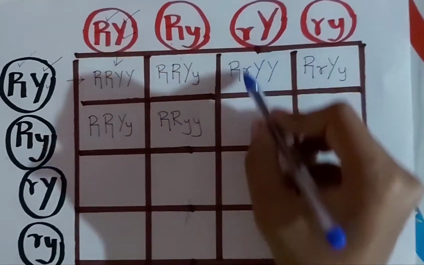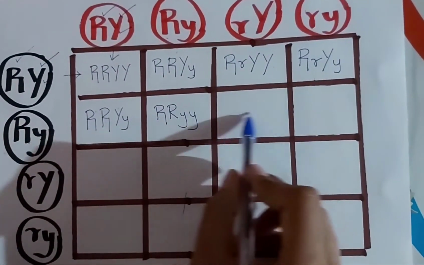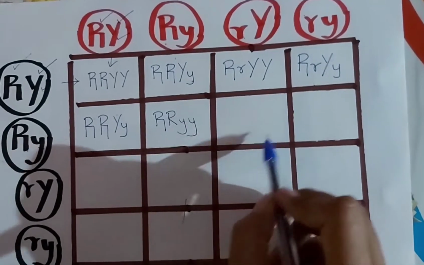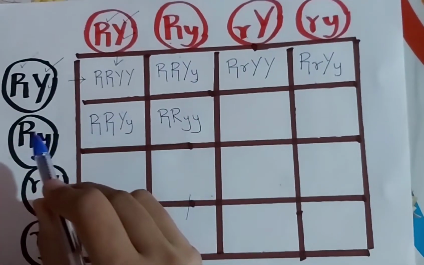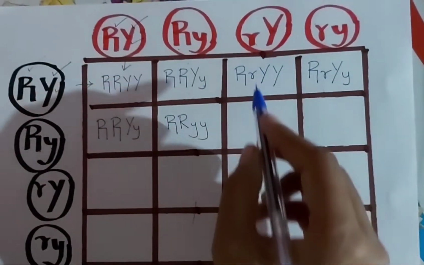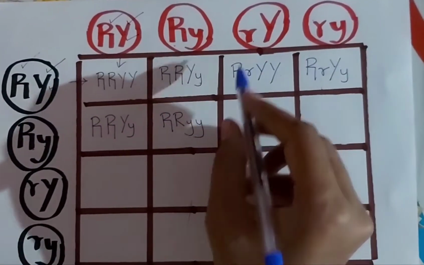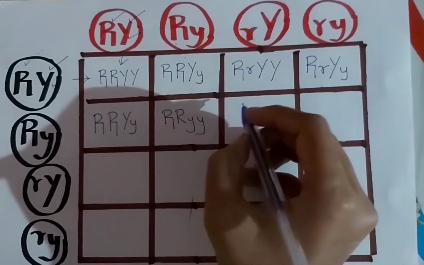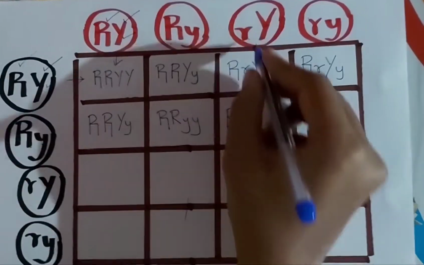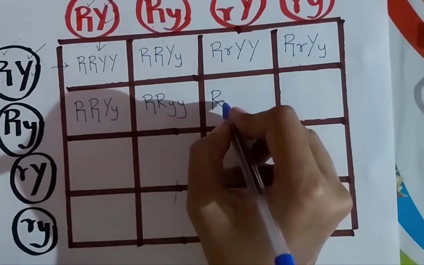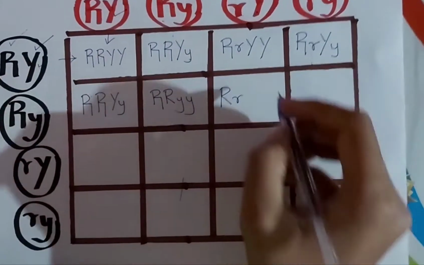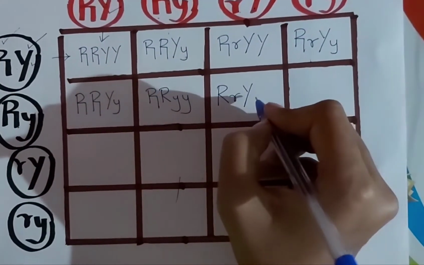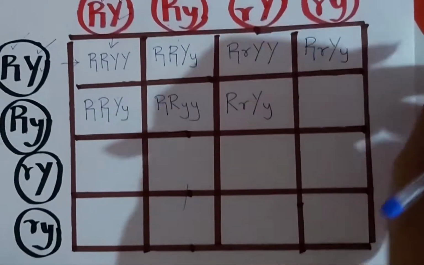And see here, this row and this column. In which row and column this box exists, you have to see. Small r is there and here it is capital R. So first you should write capital R and then small r, and then capital Y and small y. First you should write capital Y and then small y.